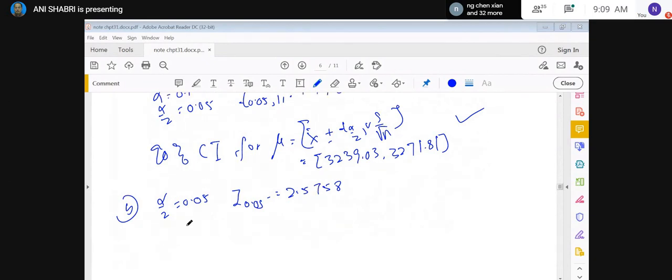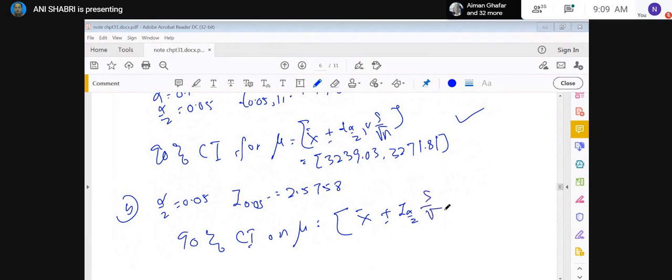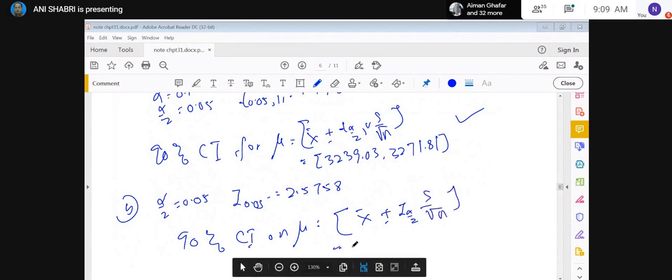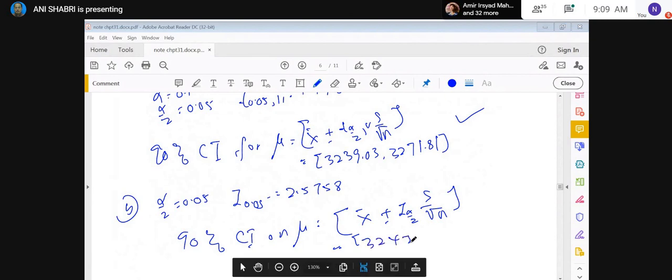From here we can get the 95% CI on mu, using Z: x bar plus or minus Z alpha over 2 times S divided by square root n. Just put the values into the formula. We can get the answer, 3243.9 until 3265.94.